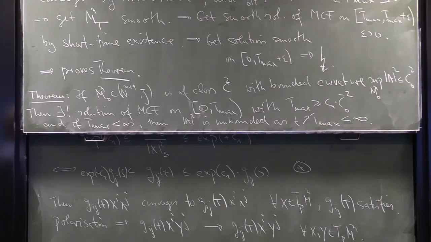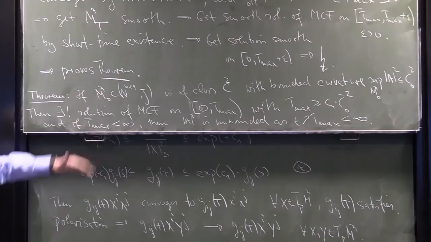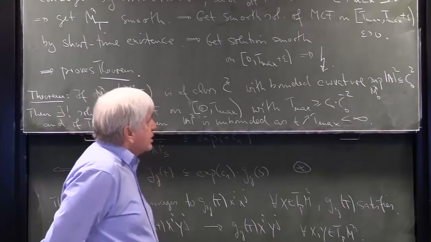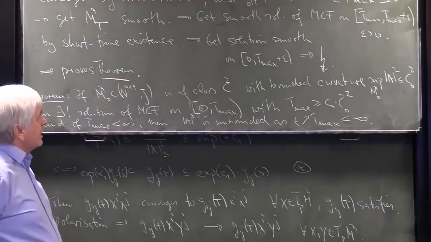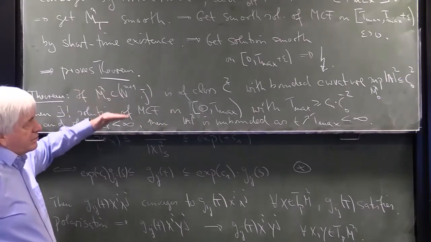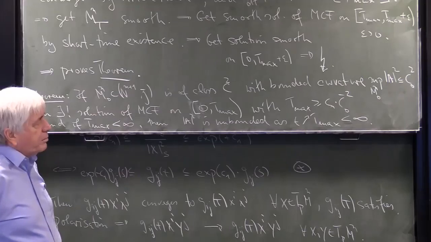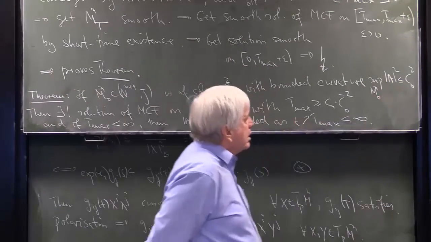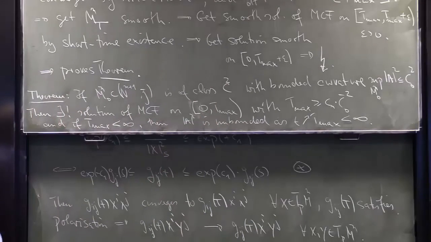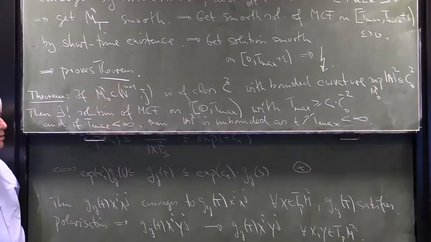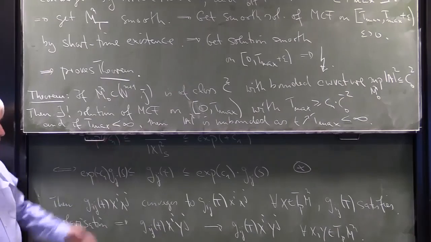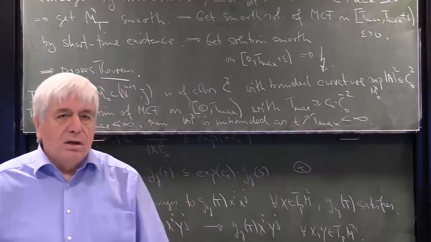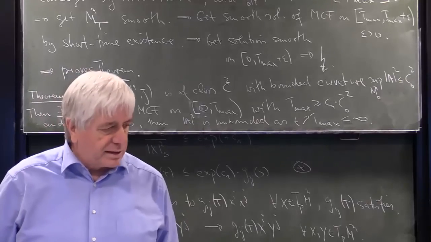This can be proved by approximation, right? So you could take this initial surface approximated by smooth surfaces, and then on these smooth surfaces, you have the nice bound on the higher derivatives at all positive time, depending only on this initial curvature. So as you approximate, these estimates survive, and you end up with a solution that satisfies this lower bound on the time of existence. It's sometimes useful to have such a lower bound on the time of existence of your surface.